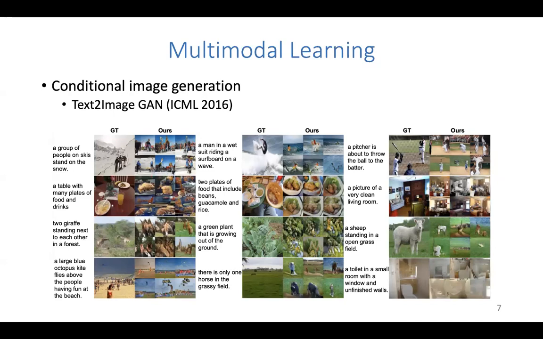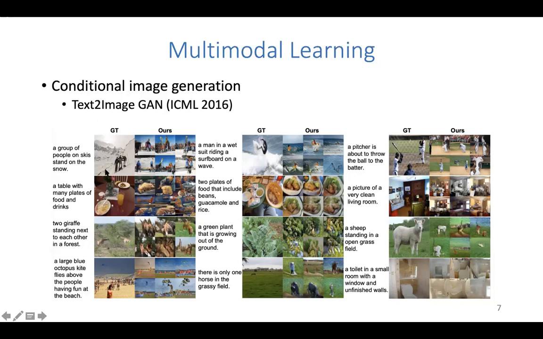It uses an LSTM to encode the text and then pushes that into the generator, and it also uses the same text as part of the discriminator, because you want the discriminator to consider both the textual information and the image information to discriminate the real images from the fake images.